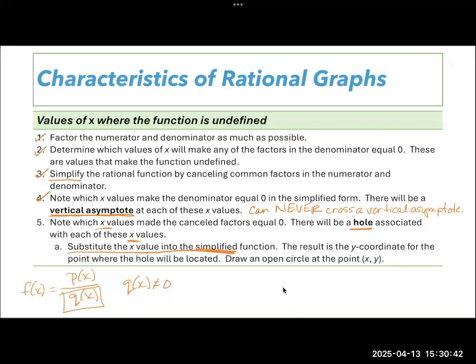Hopefully that will all make more sense when we see an example. But that is a really huge characteristic about rational graphs that other graphs don't have, is this idea of a vertical asymptote or a hole that indicates where x values make the function undefined. And that's one of the first things that we will identify as we seek to graph rational functions.